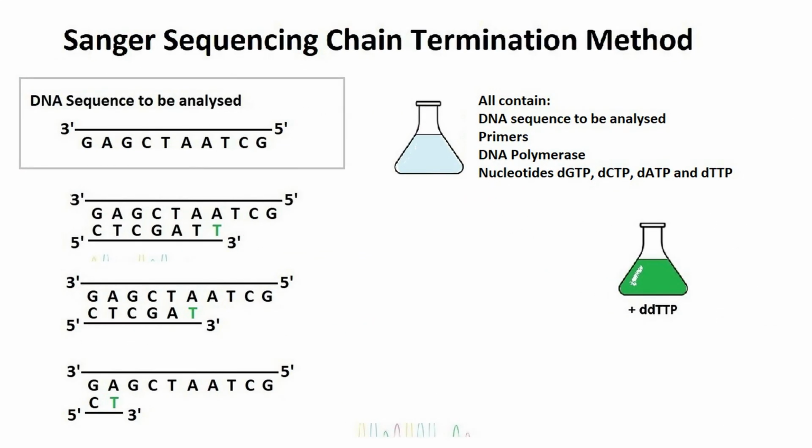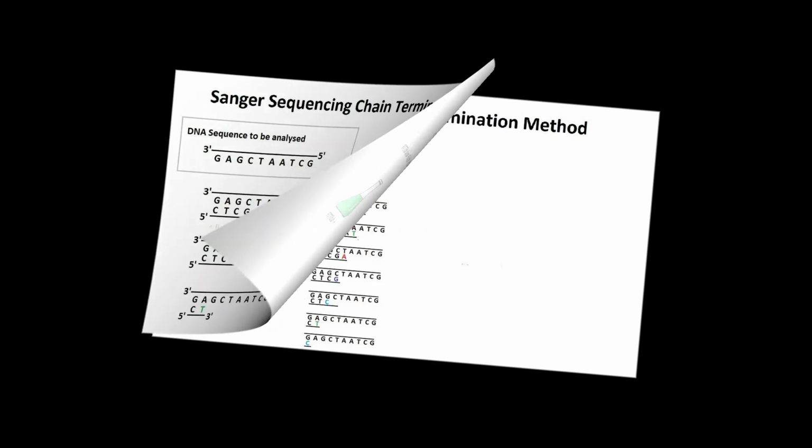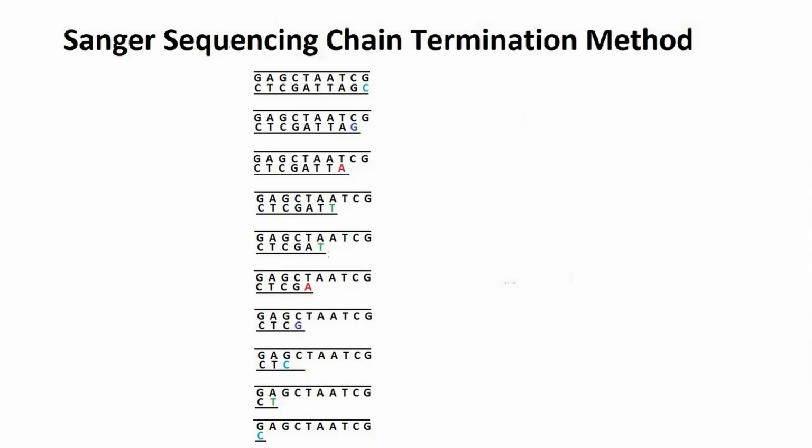And here's what could happen with the ddTTP. So again, there's 3 different results there as well. So here's all the possible results of what could be produced depending on where the chain is terminated.